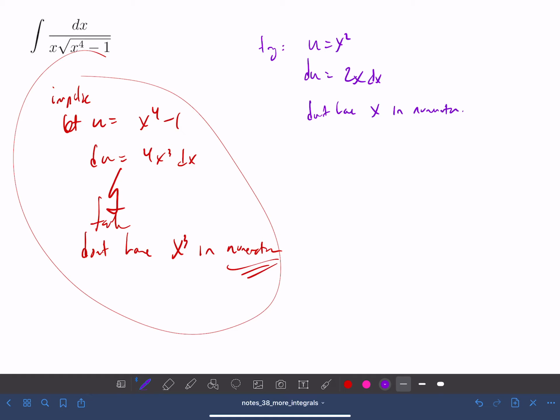I'm looking in this book again to see if I have any stuff. I'm looking for forms involving square root of u squared minus a squared. I'm not quite seeing it right now.